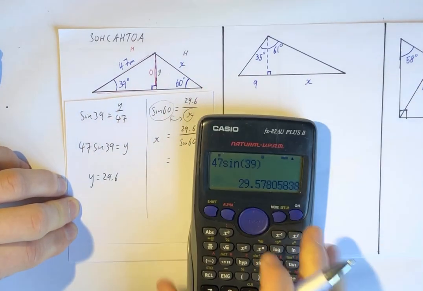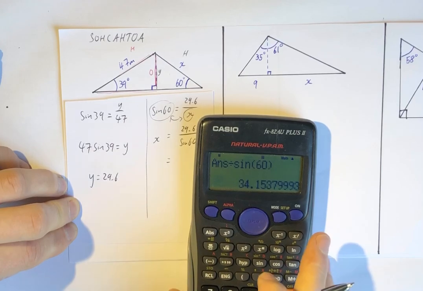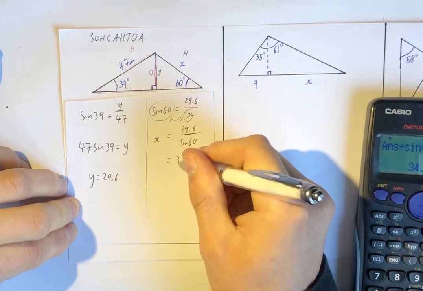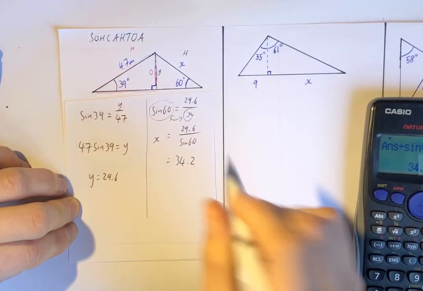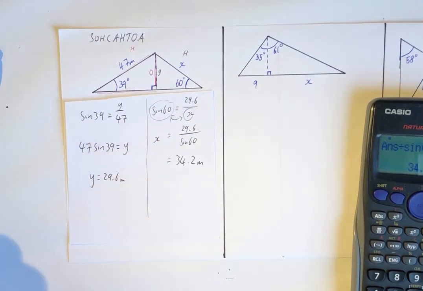So x is going to be this answer here, that previous side length, divided by sine of 60 degrees, and I get 34.2. Now I need to check my units. It's meters, so that was meters for those side lengths. So there's the first one done.